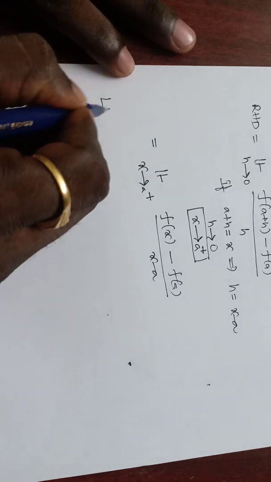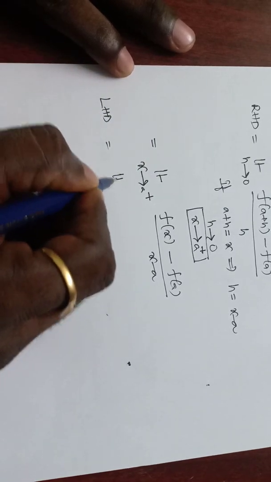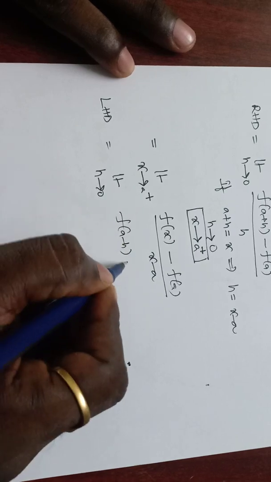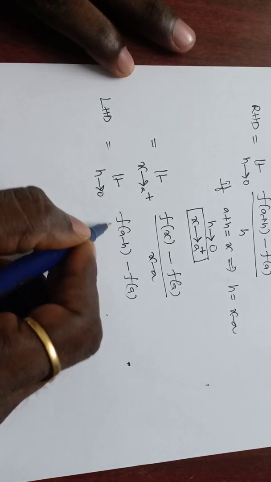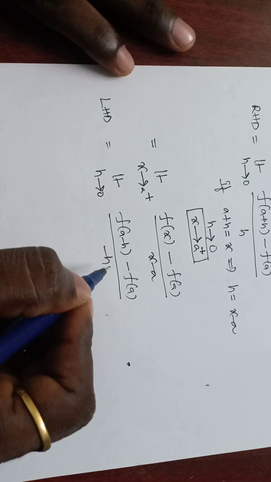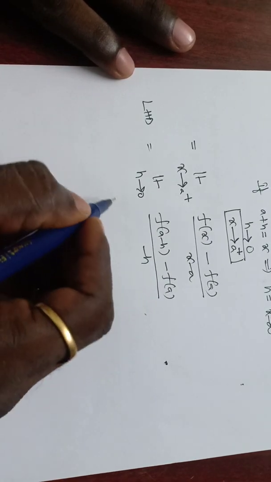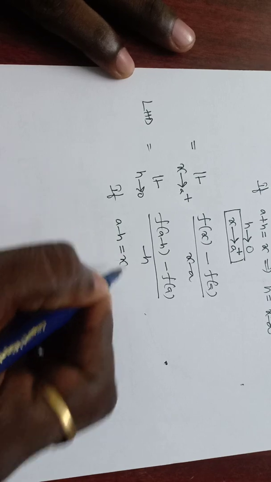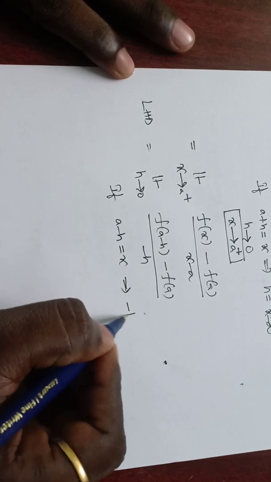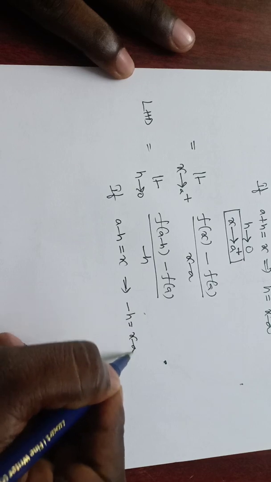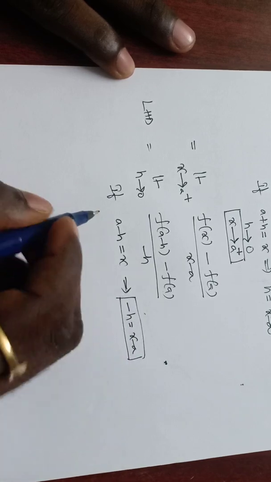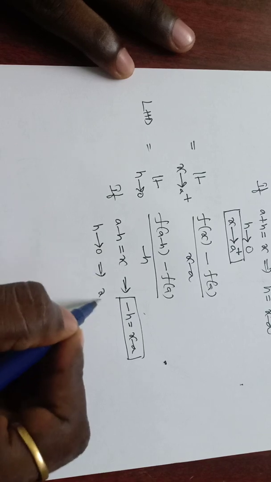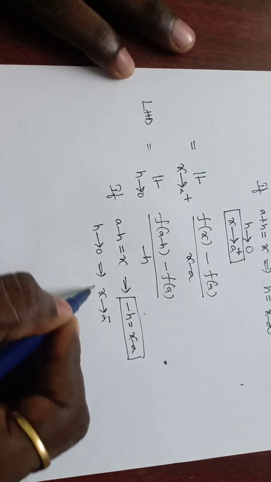Now coming to the left hand derivative, which is limit h tends to 0 of f of a minus h minus f of a by minus h. Now here, if a minus h equal to x, clearly minus h equal to x minus a, and as h approaches 0, x tends to a from the left side.